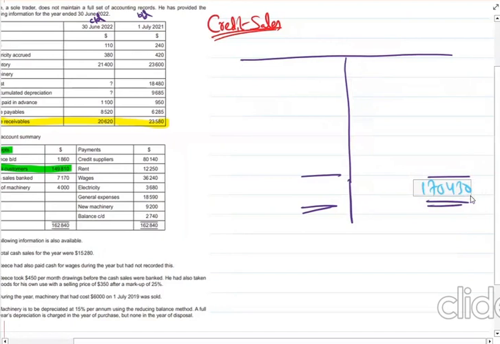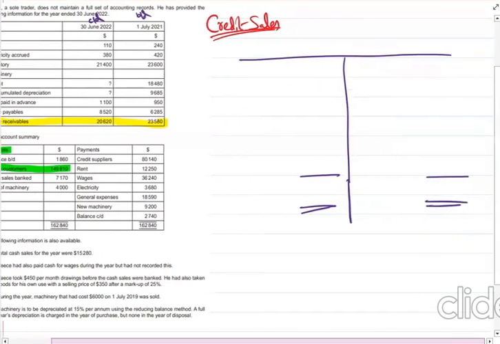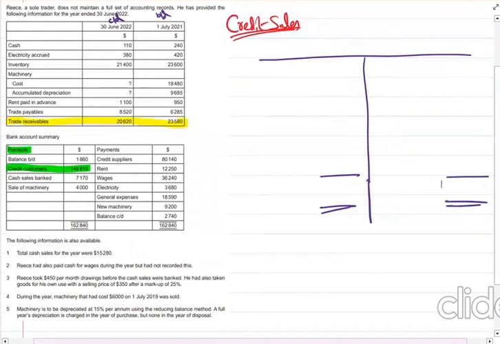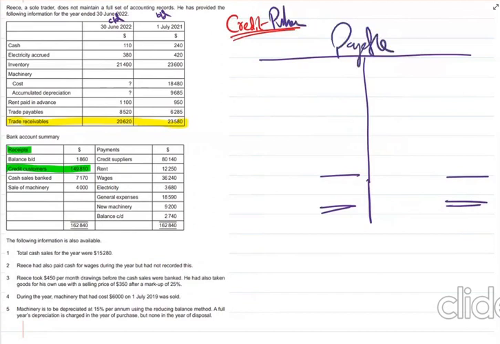Payable, with the opening balance 6285, yes, on the credit side. So credit purchases, payable, late. Then we have the payments. How much is the BD? 6285, correct? Yeah.